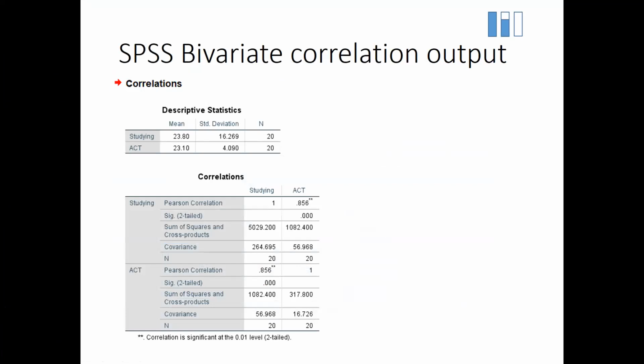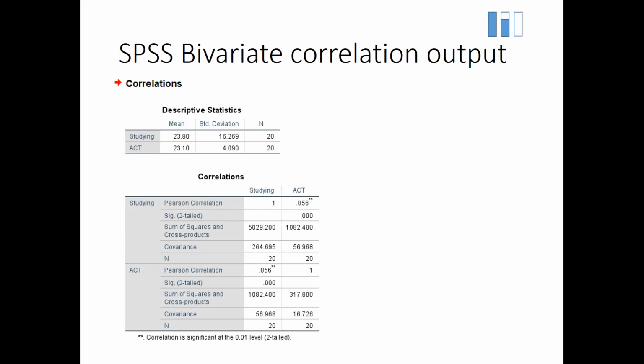But guess what? Remember how I told it to flag the significant correlations? It did that for us. You see this asterisk? That means it's significant at a p-value of less than 0.01, which means there is less than a 1% chance that this outcome was generated just randomly, right?